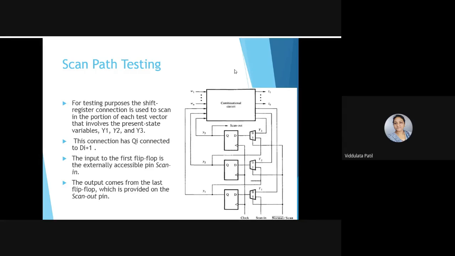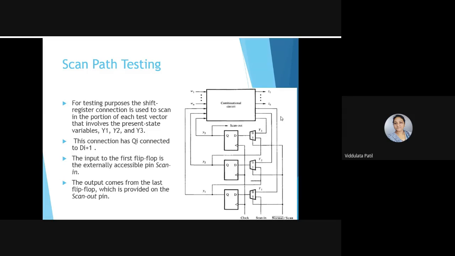So initially we are just checking whether we are getting Y1, Y2 and Y3 at this flip-flop, and after that we keep normal bar and scan inactive, that means at a zero logic level. Whatever output we are getting is the output of the circuit that we are checking, as well as at Y1, Y2 and Y3.